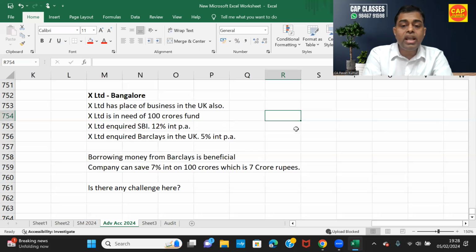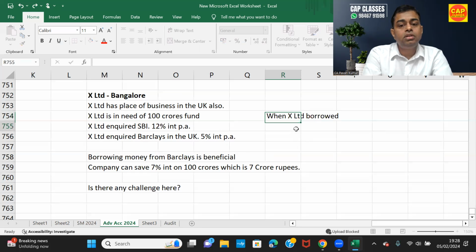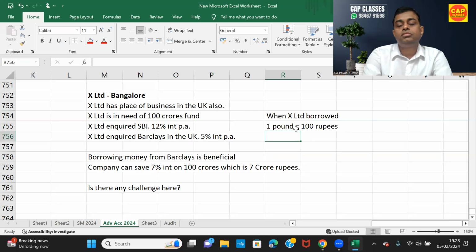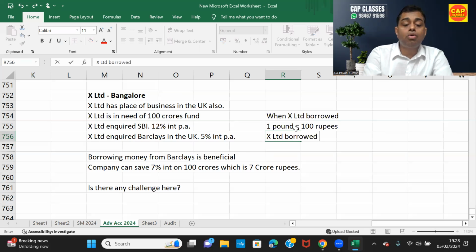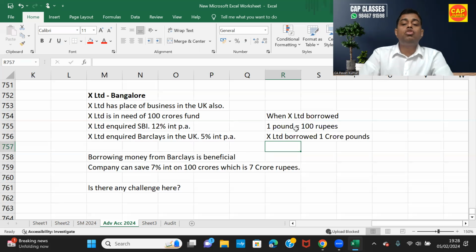So today when X Limited borrowed, 1 pound is equal to 100 rupees. So X Limited borrowed 1 crore pounds and converted them at 100 rupees each.